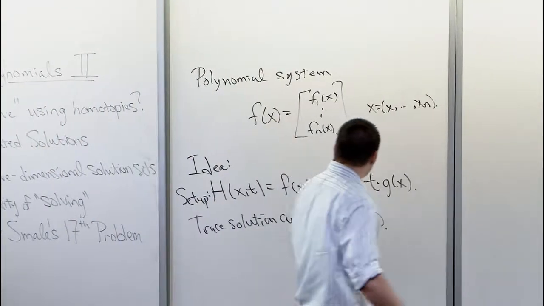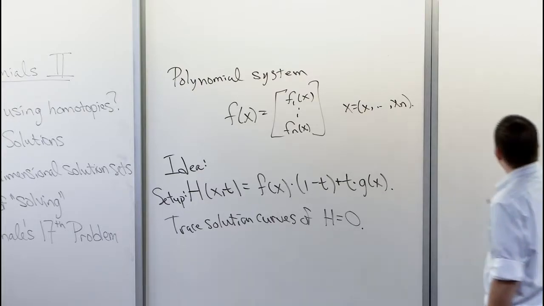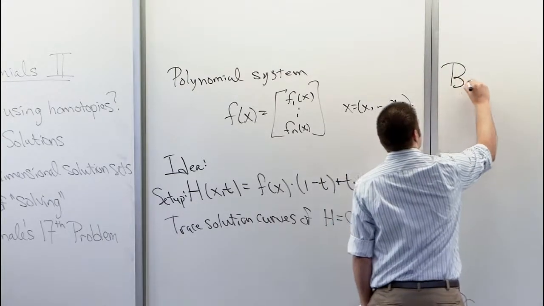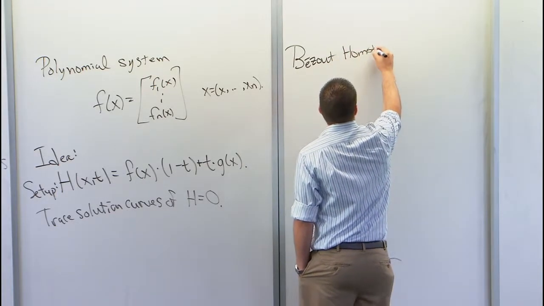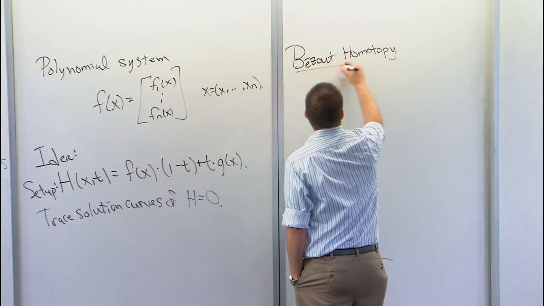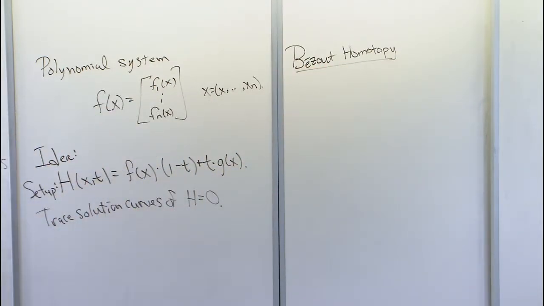Okay, so the first thing we want to do is how do we set up g? And there's different approaches, and let's start with the most basic choice of setting up g. And this is what's called a Bézout homotopy. So Bézout here corresponds to Bézout's theorem, and it'll be generically sharp with respect to Bézout's theorem.